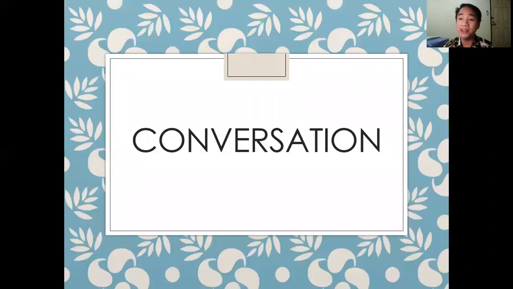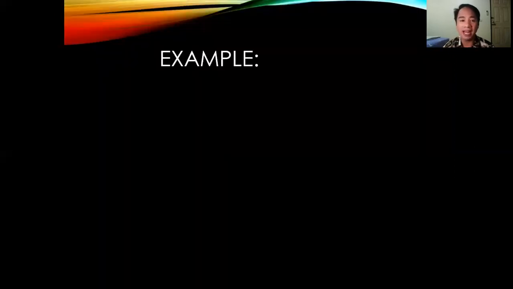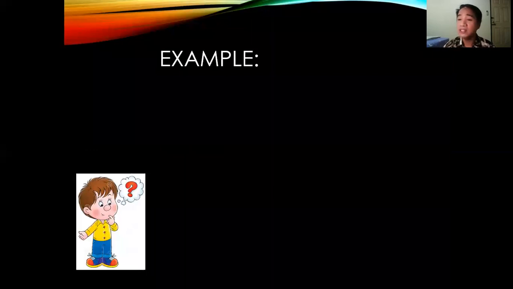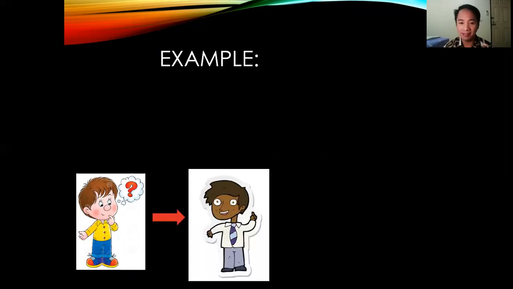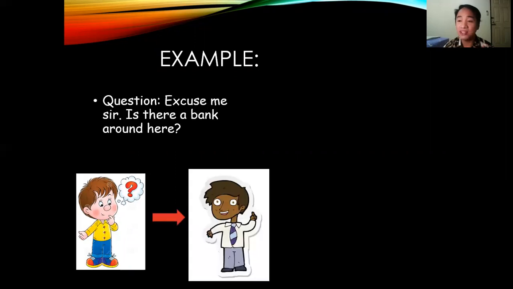So let's start with the conversation. When are we going to use the directions and when are we going to ask for directions? Take a look at, for example, number 1. Look at the photo first. A boy is asking someone, excuse me, sir, is there a bank around here?